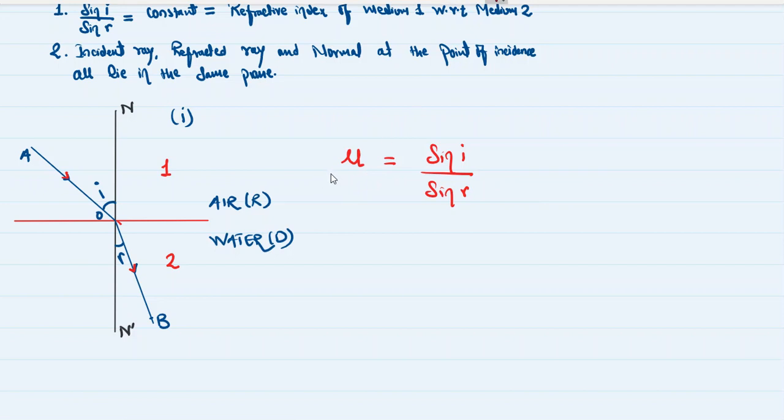See, the ray of light is coming from medium 1, so you will first write number 1, and the ray of light is going to medium 2, so then you will write 2. I want to reframe the statement which I said.